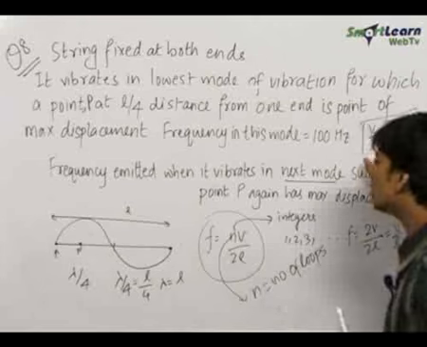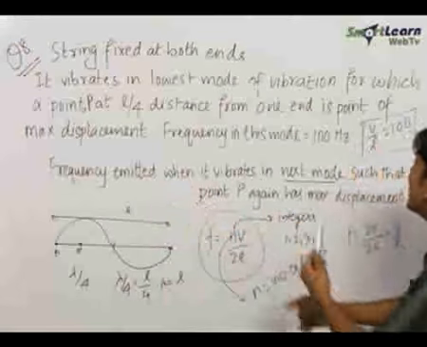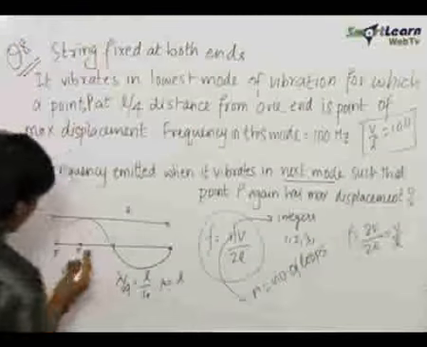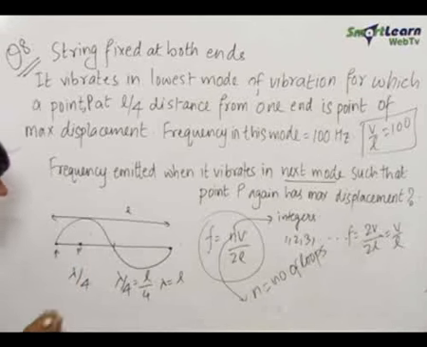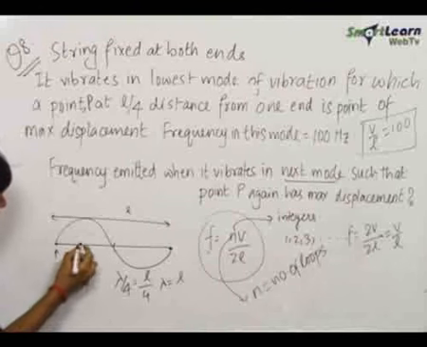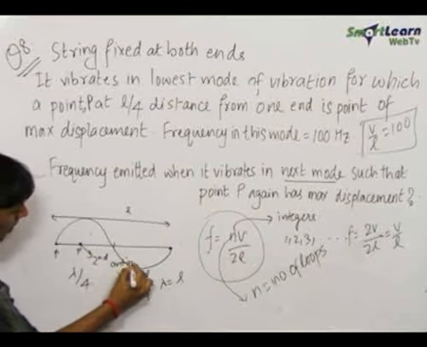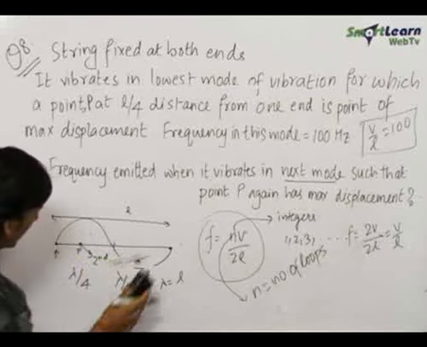Now for the second part, we will use this information. We need to find out the frequency emitted when it vibrates in the next mode such that the point P again has maximum displacement. So for point P to have maximum displacement again, it again has to be an antinode, and since it has to be just the next mode, this has to be the second antinode now.